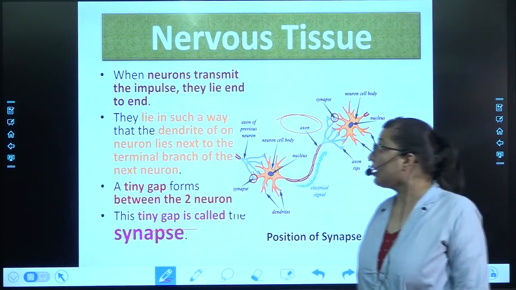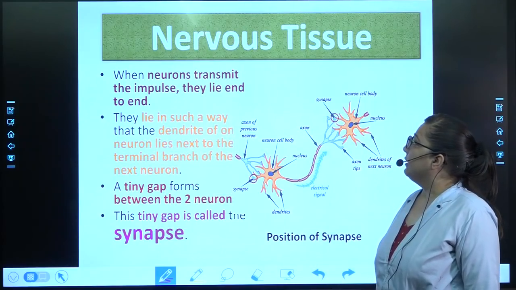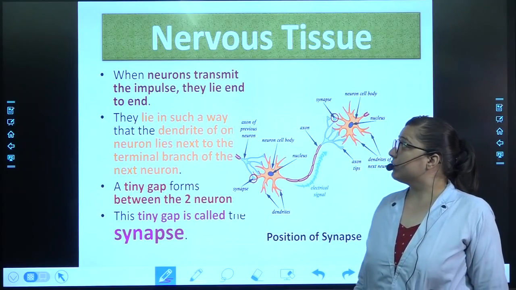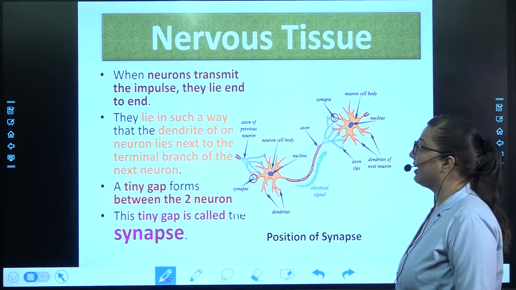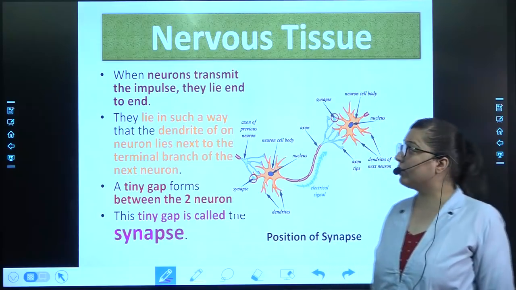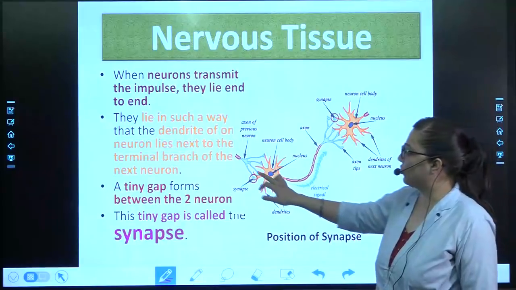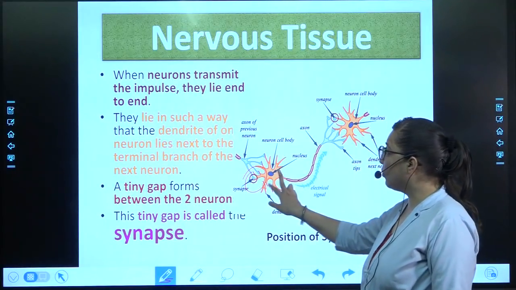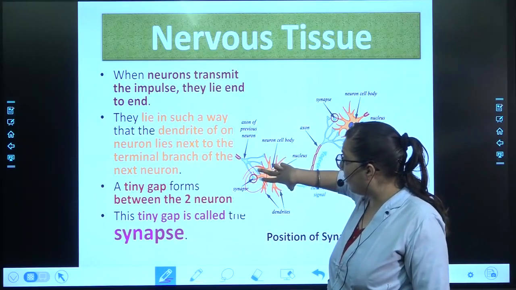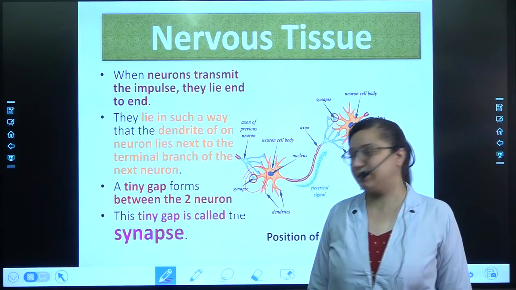Then you have this nervous tissue. When neurons transmit the impulse, where do they lie? They lie in such a way that the dendrite of a neuron lies next to the terminal branch of the next neuron, and the gap between the two particular cell bodies is called synapse.